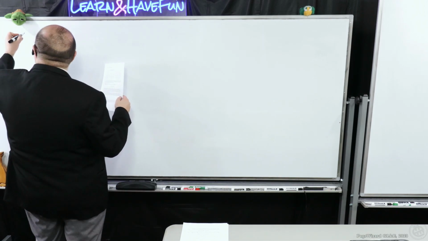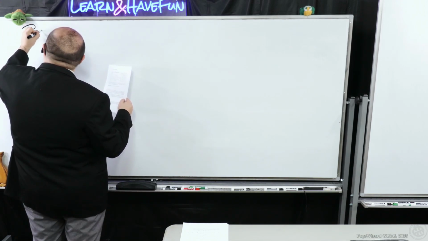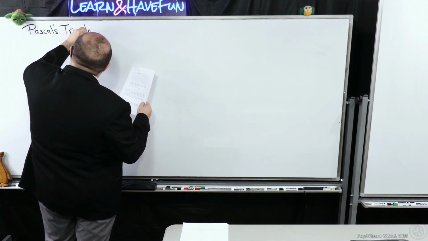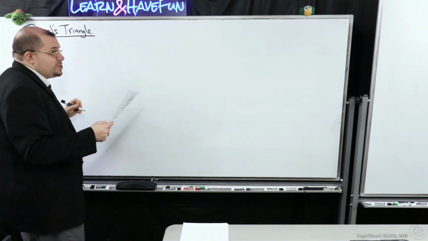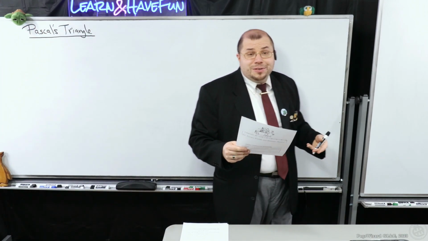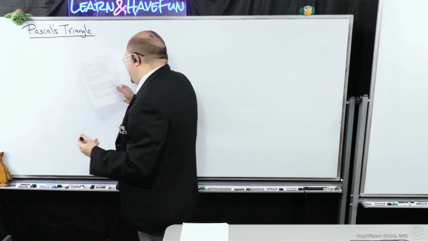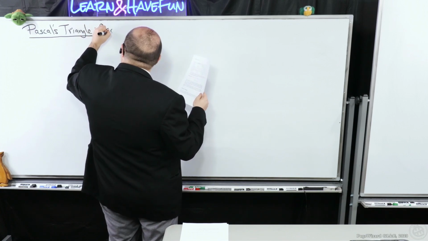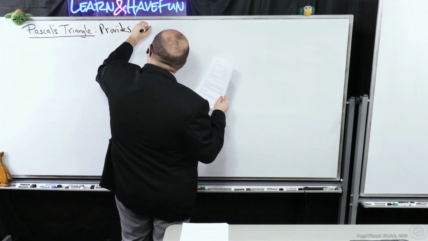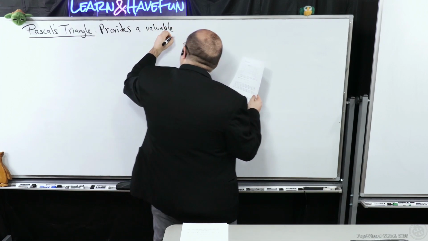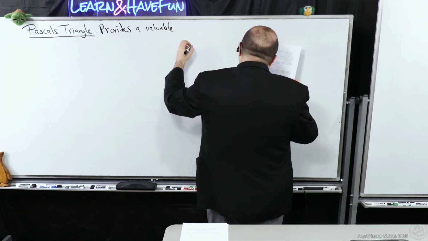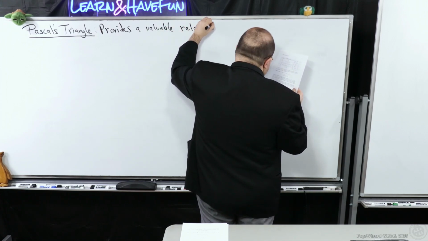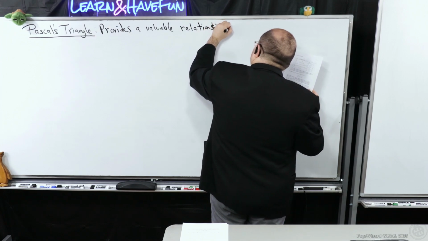This brings me to now talking about something called Pascal's triangle. A neat mathematical structure. You can constructively build it to any size you like, but it's going to provide us a valuable relationship in combinatorics.